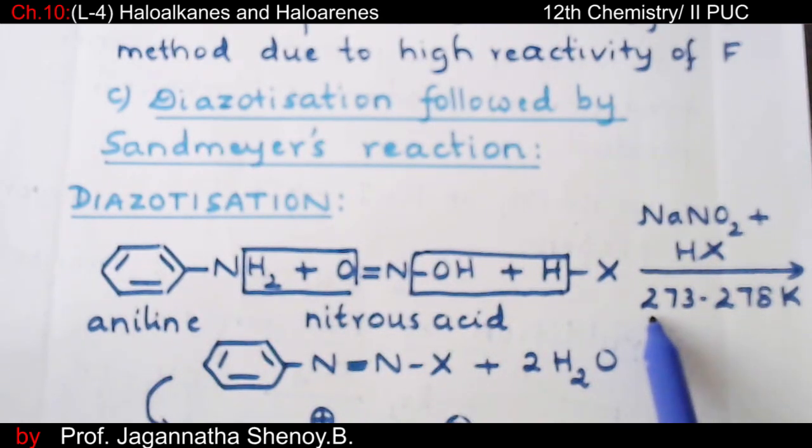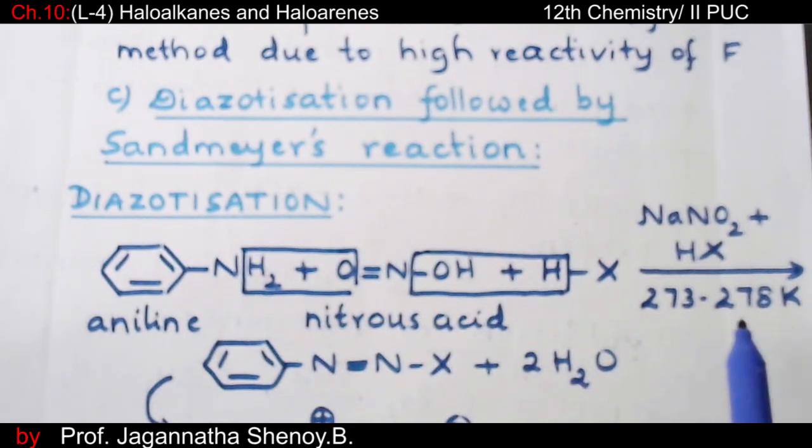It has to be 273 Kelvin to 278 Kelvin. For any reason, it cannot exceed 283 Kelvin. Or in other words, reaction has to be carried out in between 0 to 5 degrees Celsius. For any reason, temperature should not exceed 10 degrees Celsius.